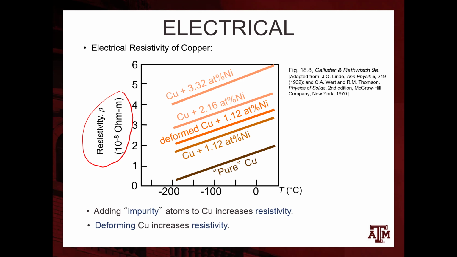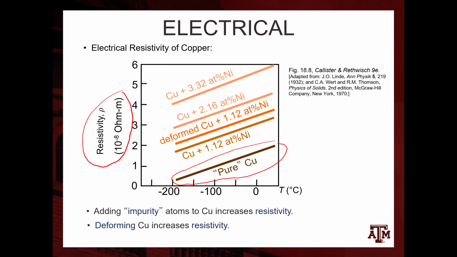So if we have a pure crystal of copper, the resistivity is very low, meaning the conductivity is very high. However, if we start adding some nickel to copper, it basically increases the resistivity, meaning it becomes less conductive.